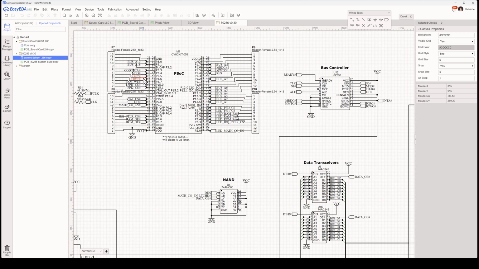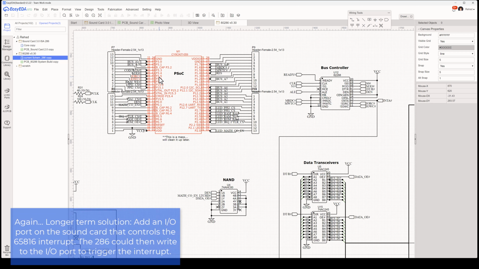So I have some free pins on my PSOC. My PSOC already is getting all the appropriate addresses to think about I/O reads and writes. So what I'm going to do essentially is add an I/O address that, when I write to that I/O address, is all managed in the PSOC, and then it'll take that interrupt maybe out of pin P35 and raise the interrupt on the sound card.